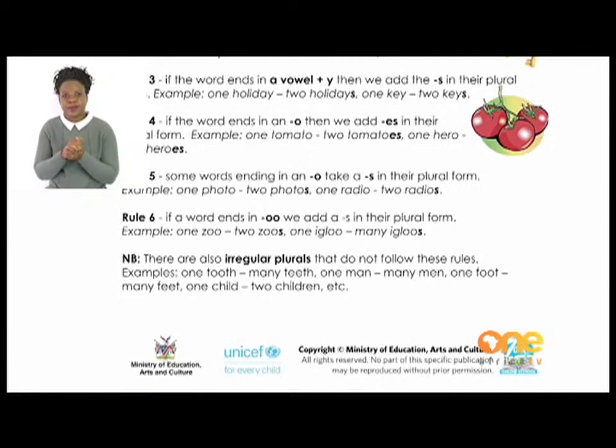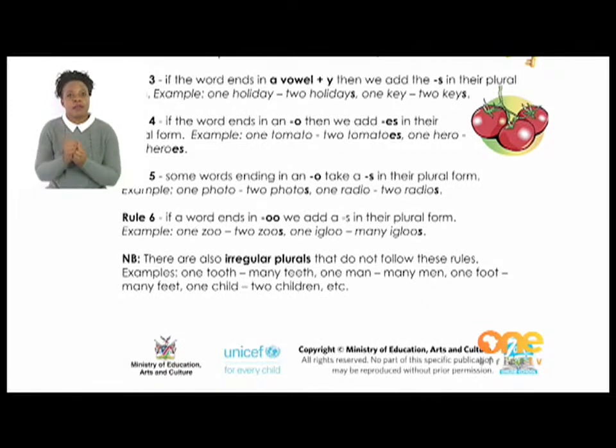There's one thing that I want you to understand, boys and girls. Not all nouns are added ES or S. There are also irregular plurals that do not follow these rules at all. Example, tooth. One tooth.